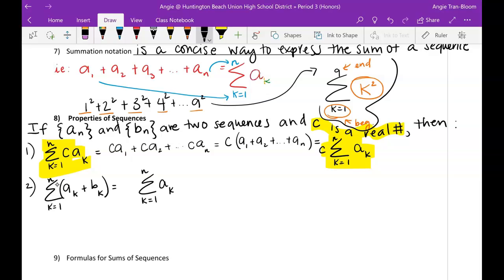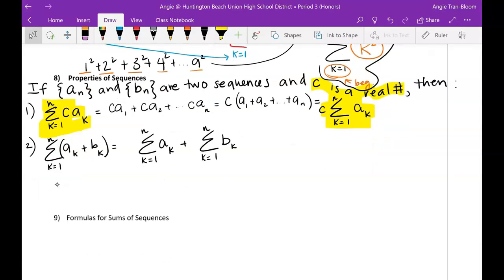So it has this property. So these are the rules. So if you have the summation of A subscript k plus B subscript k in quantity, then it's the same thing as I can break these out, okay?